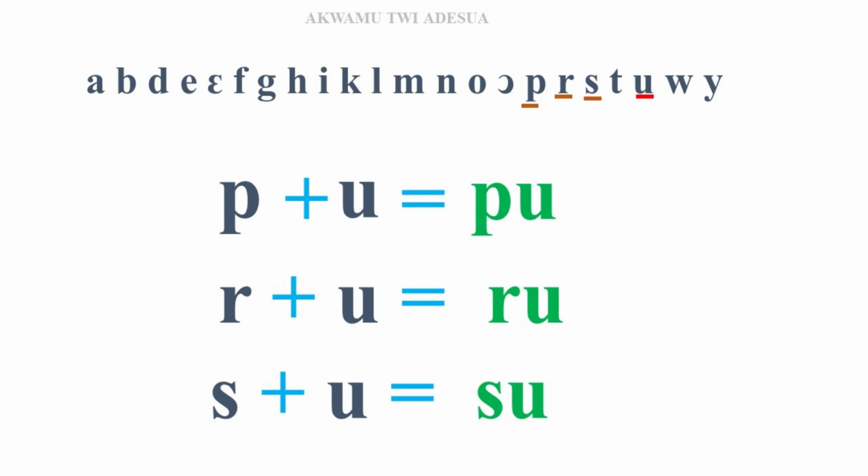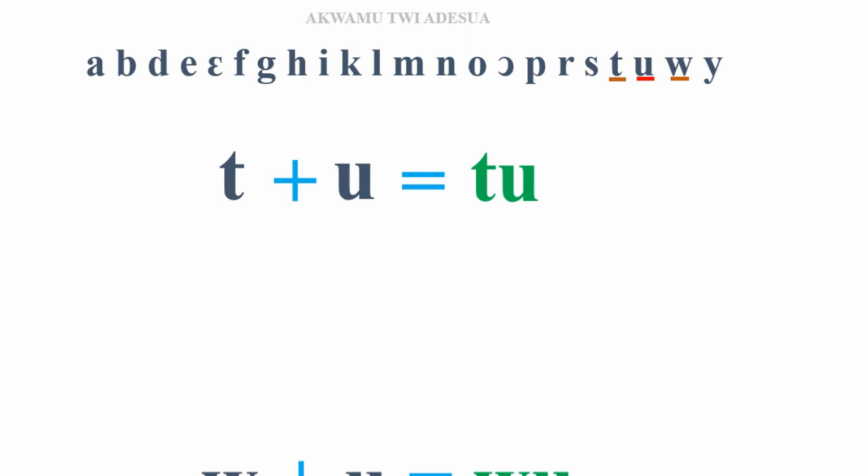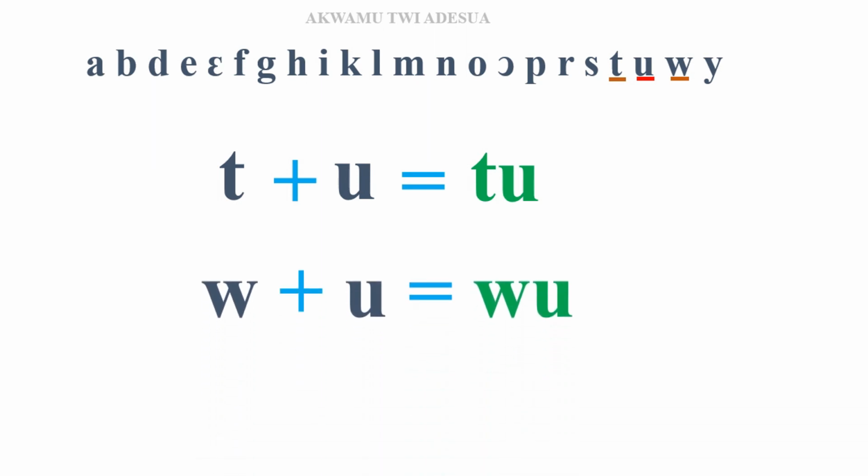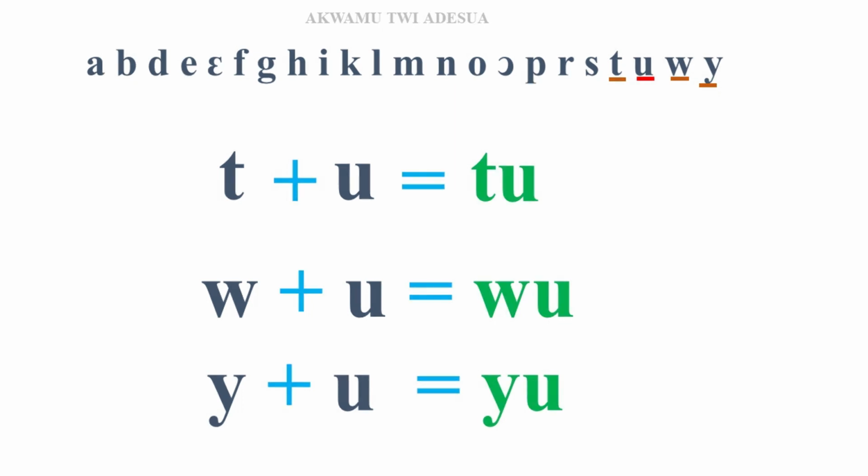T plus U will give us Tu. W plus U will give us Wu. Y plus U will also give us Yu.